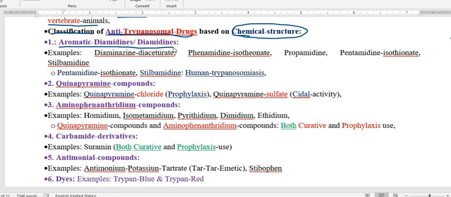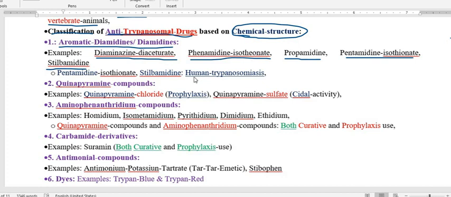Like aromatic diamidines, or simply diamidines. Under the aromatic diamidines, the examples are diminazene diaceturate, phenamidine isethionate, propamidine, pentamidine isethionate, and stilbamidine.